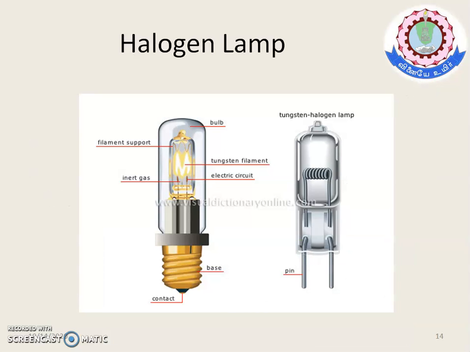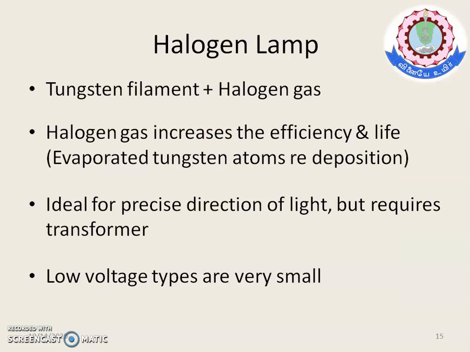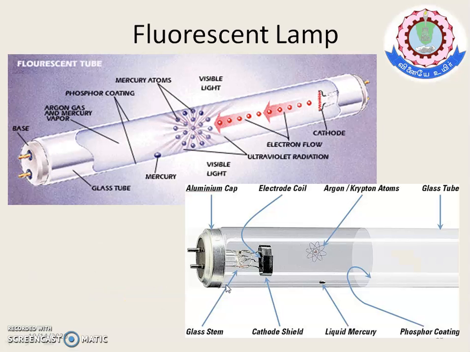And next is halogen lamps. You may see these lamps in your vehicles. It has a tungsten filament plus halogen gas. Halogen gas increases the efficiency and light, ideal for directional light, but requires transformers. Low voltage types are very small.